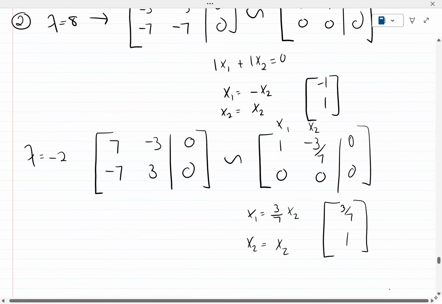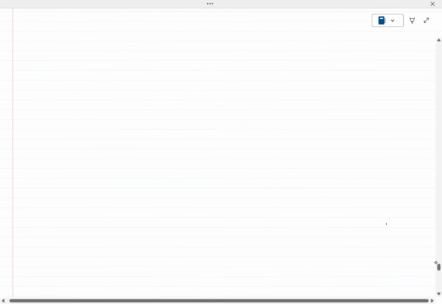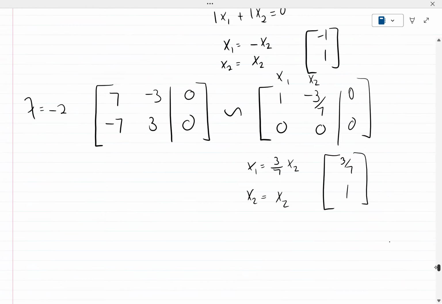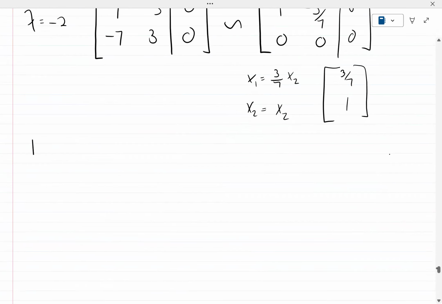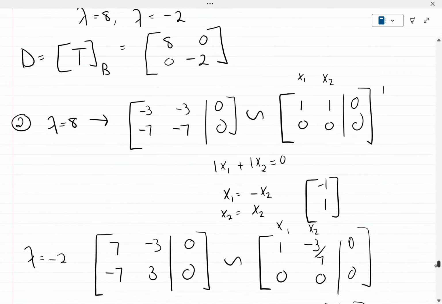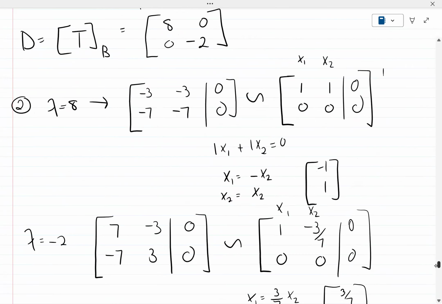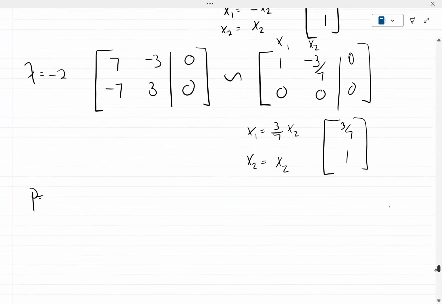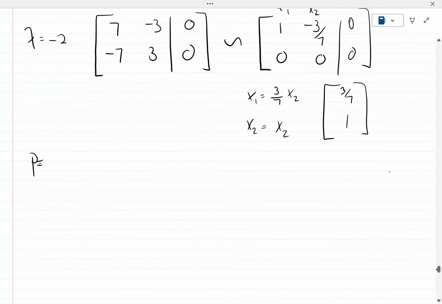So my P matrix is basically these two vectors, right? 3/7, 1, and what was the other one? -1, 1. My P matrix is going to be this: -1, 1, 3/7, 1, or you could think of it as this.